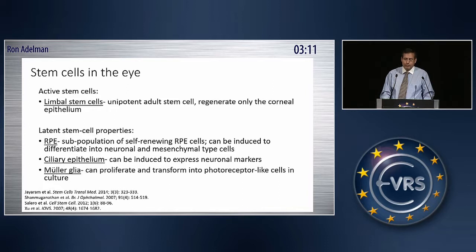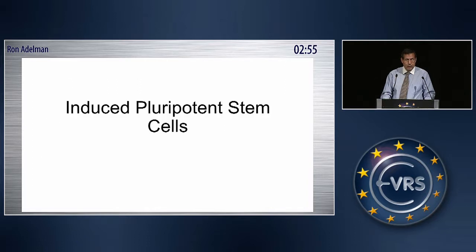So we are all familiar with limbal stem cells that produce the corneal epithelial cells. And then we have some latent stem cells in the eye, like RPE latent stem cells, ciliary epithelium that can produce some of the cells in the eye, and Muller glia. That's one line of the stem cell that is generated from the embryo.